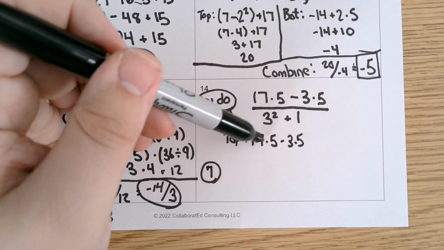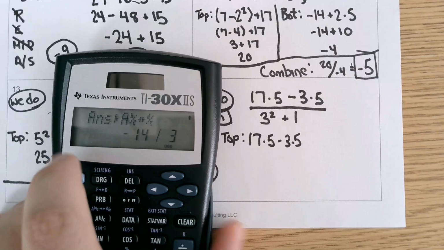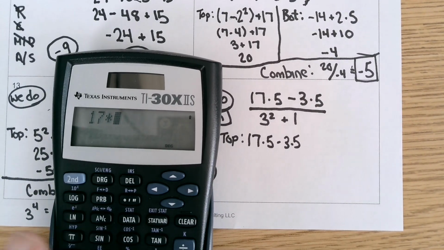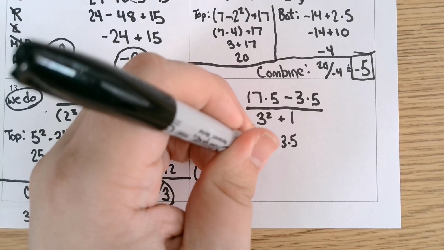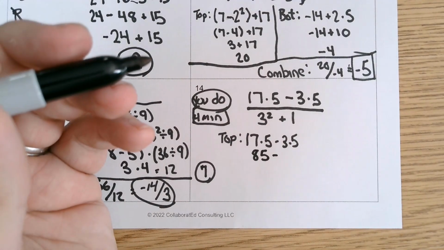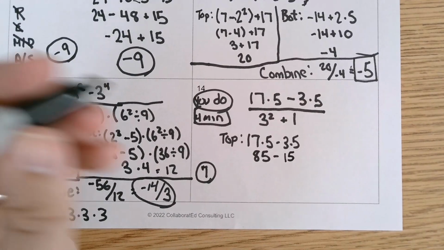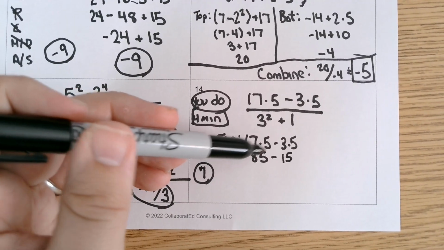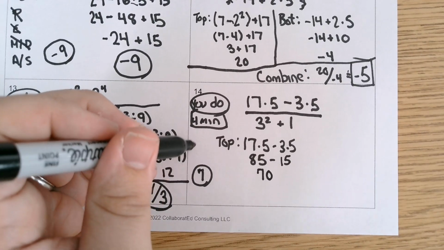We go from left to right. 17 times 5. You go to your calculator. What is 17 times 5? 85. Minus 3 times 5 is 15. 85 minus 15 would be 70. And that's your top.